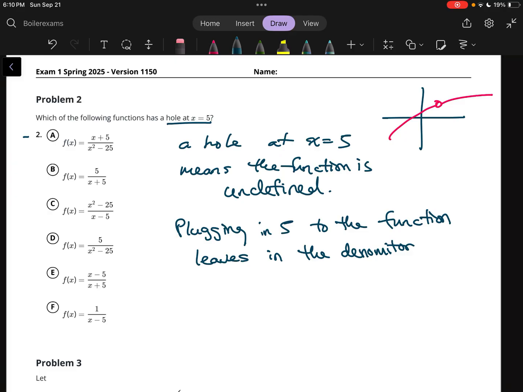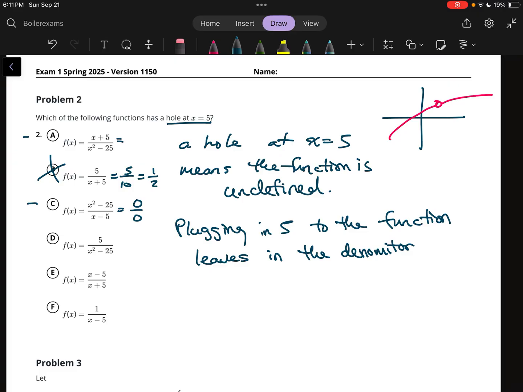For B, if I plug in 5 in the denominator, I get 10. So that's not correct, and if I plug in 5 for f of x, that's 5 over 10, so clearly it's defined because there's a value. Okay, C. If I plug in 5, I get 0 in the denominator. Actually, I get 0 divided by 0. So I changed my mind.